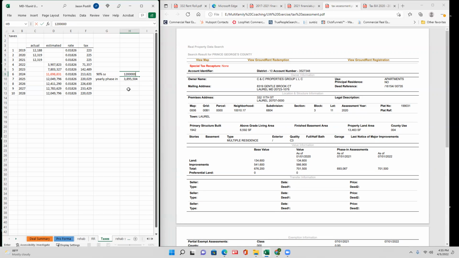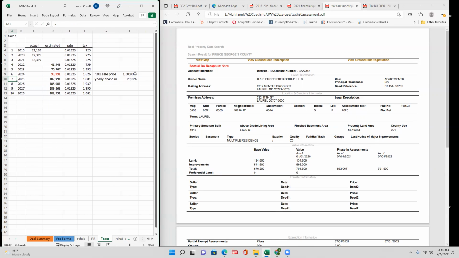We gotta see what the sale price is gonna be. Yeah, I'm just gonna put 90% of the sale price. Oh, the sale price is $1 million. So maybe that's where it changed all those numbers. Right here, yeah. So the estimated column, when you put the purchase price, it changed all right.